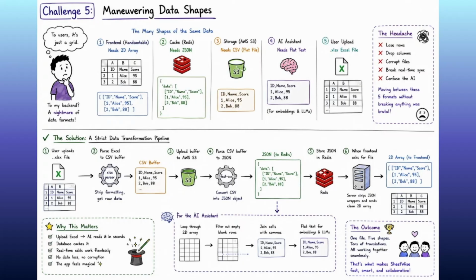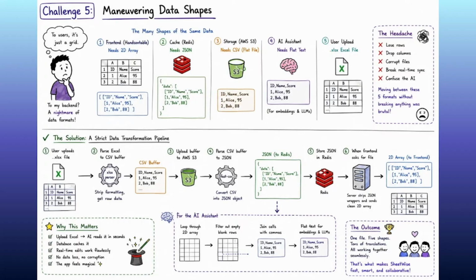When a user uploads an Excel file, I immediately run it through an XLSX parser to strip away the formatting and convert it to a raw CSV buffer. That buffer gets shot up to S3, then a library called FastCSV parses that buffer into a JSON object which gets stashed in Redis.